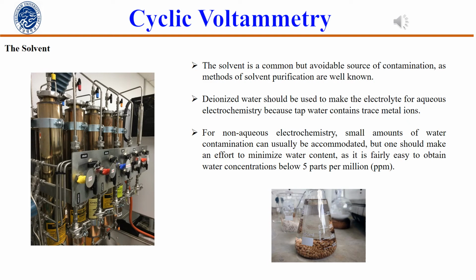For this purpose, we will use deionized water to make electrolyte for aqueous electrochemistry, because tap water contains trace metal ions. Basically, we need to use pure water, that means deionized water, to remove the contaminations.